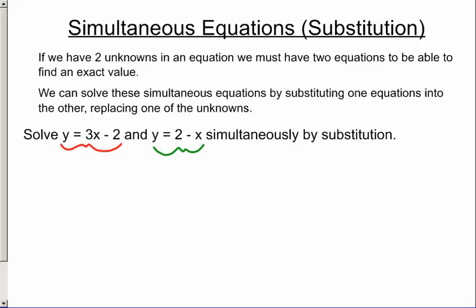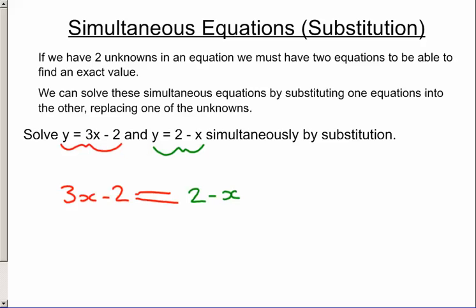So we get 3x minus 2 equals y, but y is also equal to 2 minus x. Well, what we can do is just remove that y from the middle, and we get left with 3x minus 2 equals 2 minus x.